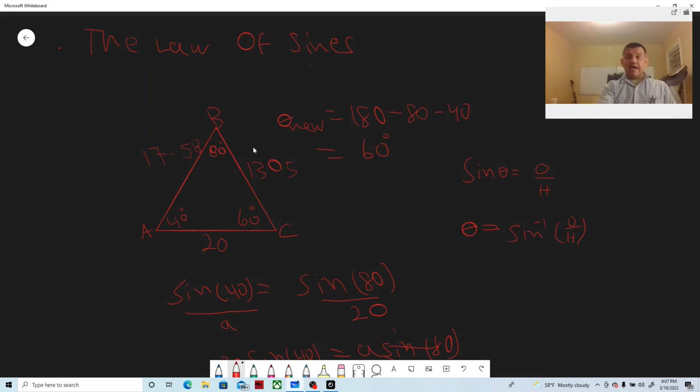If the number given and the number that you found, added together, is less than 180 degrees, then it's possible to have two triangles. So that's going to be the next case.